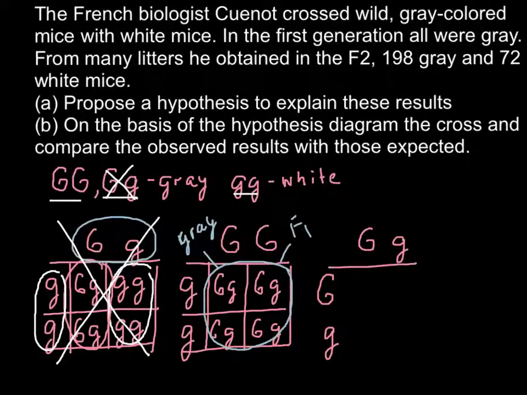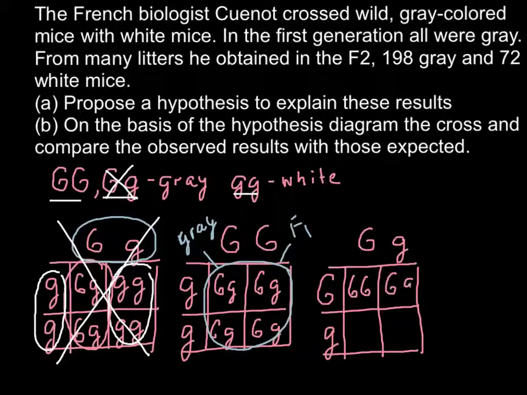And once again, when we cross two such parents, we are going to get results as follows: capital G, capital G here, capital G, small g here, capital G and small g here, and small g, small g here.